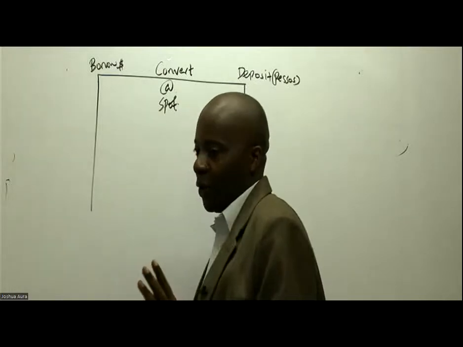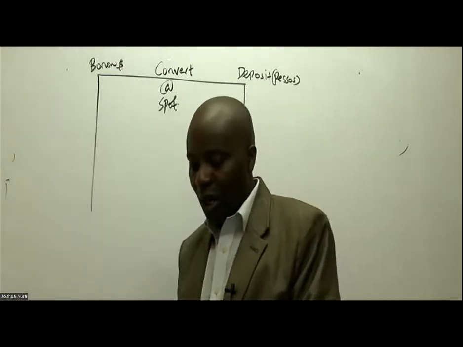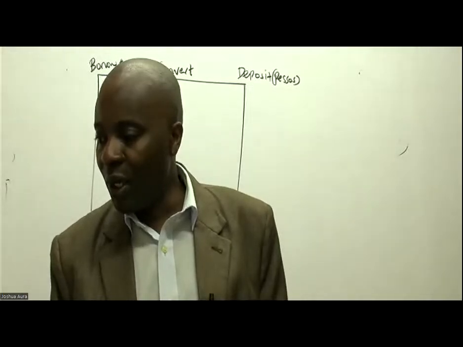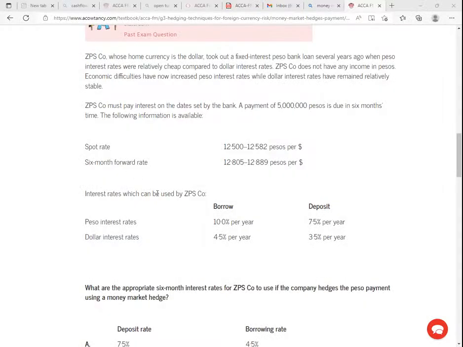Now, you have given me the borrowing rate of the dollar: dollar borrowing is 4.5% per year. So we have 4.5% times 6/12 plus 1 for the dollar.